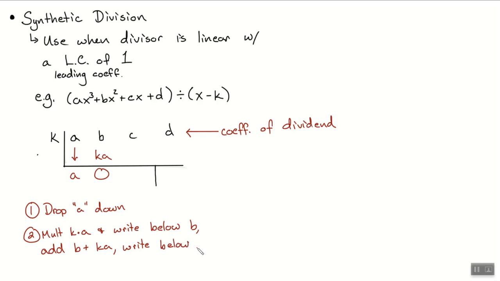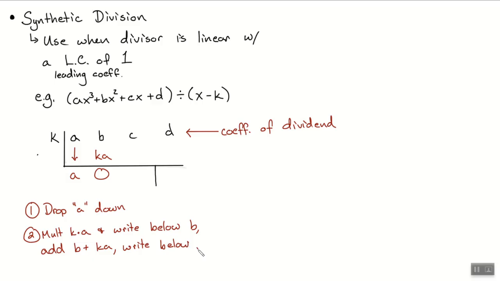Now, the steps here, I know they're ugly, but I'm trying to generalize as much as we can. Step 1, we have all this written. Step 2, drop the a, multiply them. Add down, so this would be b plus ka. I'm not going to write b plus ka because it's not going to make anything nicer for us, but that's what's here when we add them down. We then multiply by k again, and do it here, and we just repeat.